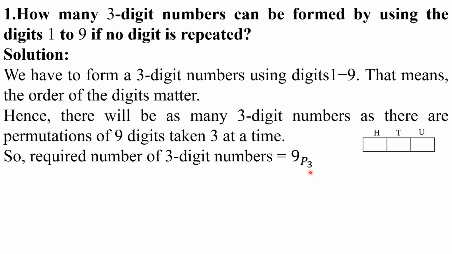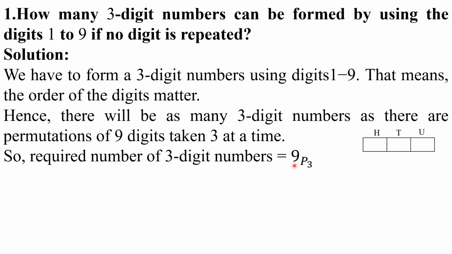So we have to write 3 factors starting from this number 9. Both numbers are important. This subscript number denotes how many factors should be written. This number denotes from which number we have to start, and we write the factors in descending order.